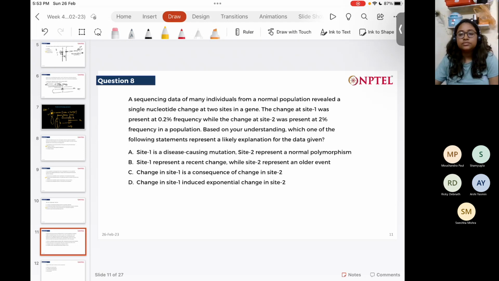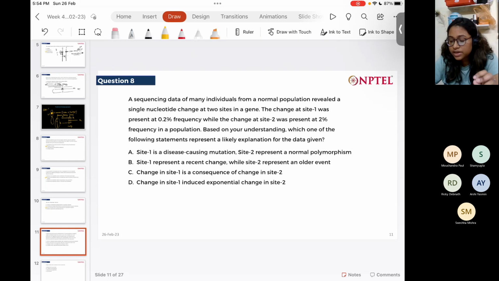Now this is the eighth question. It states that sequencing data of many individuals from a normal population revealed a single nucleotide change at two sites in a gene. There is a normal population with many individuals, and all these individuals showed a single nucleotide change at two sites.